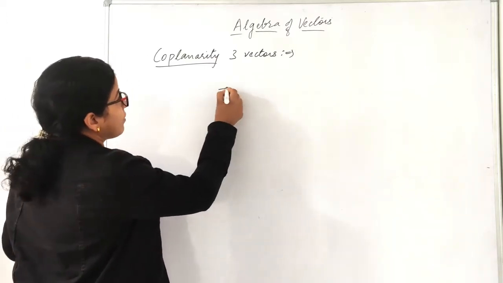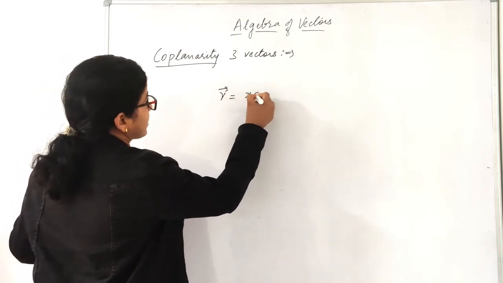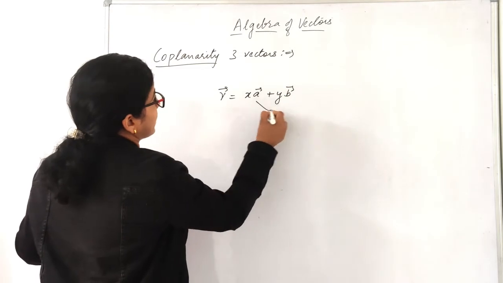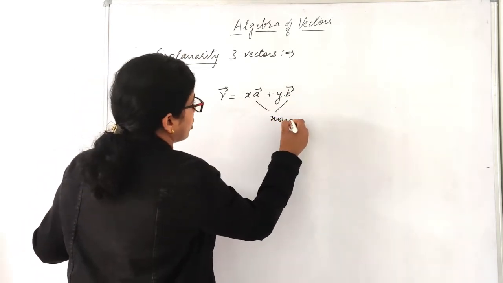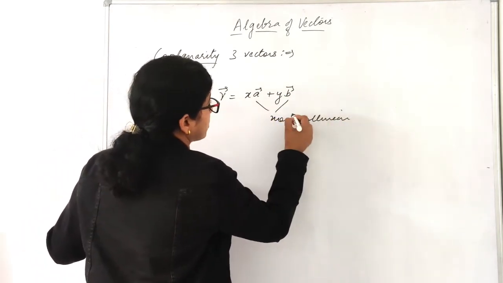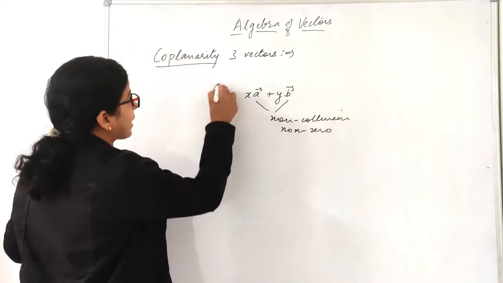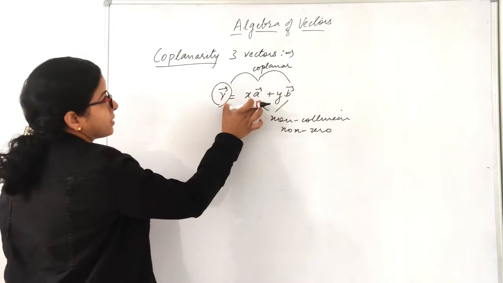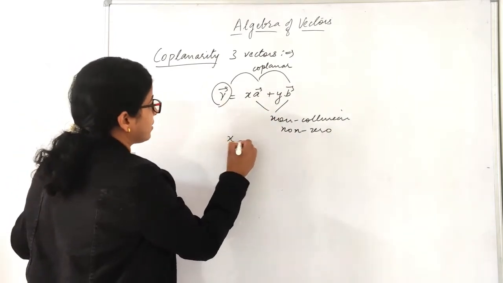R vector will be x A vector plus y B vector. This A and B are non-collinear as well as non-zero vectors. R is a vector which is coplanar with A and B.